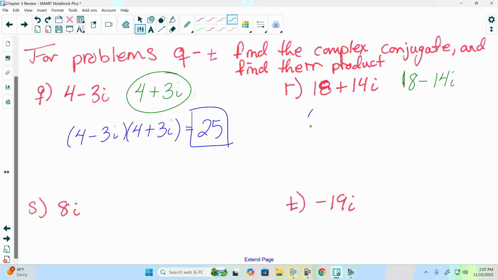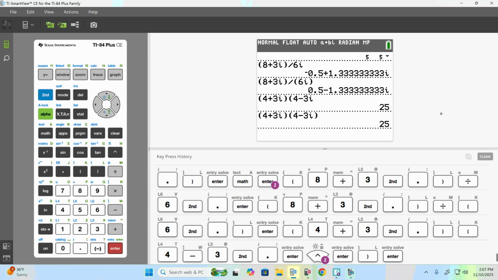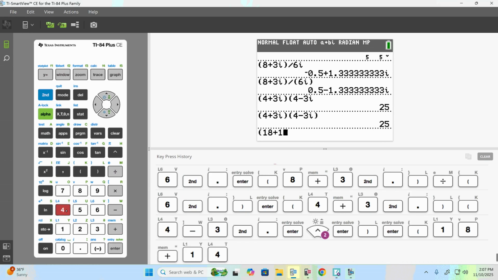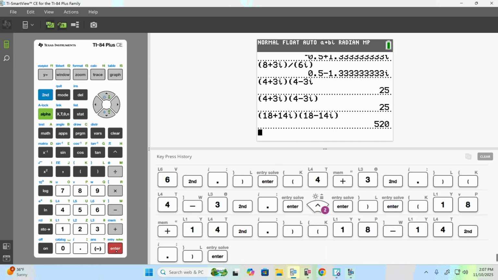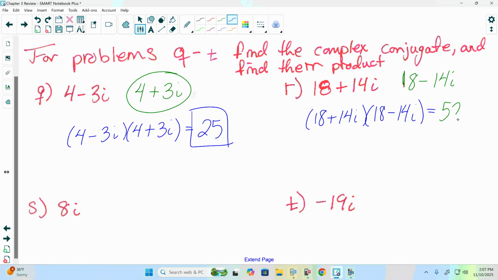Then we'd multiply them together. 18 plus 14i times 18 minus 14i, which would be 520. Yes. Whenever we multiply complex conjugates together, we should get a number. We should not have I left over.